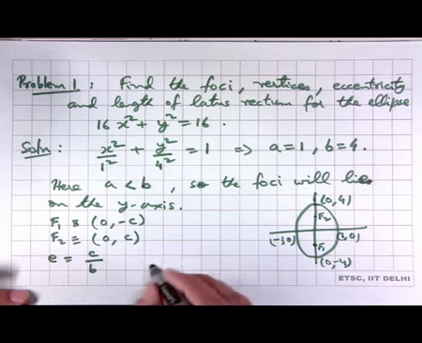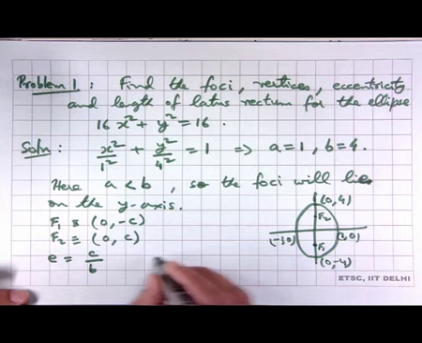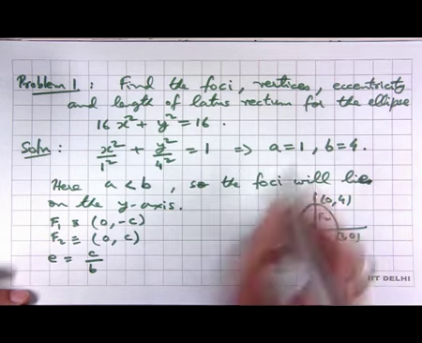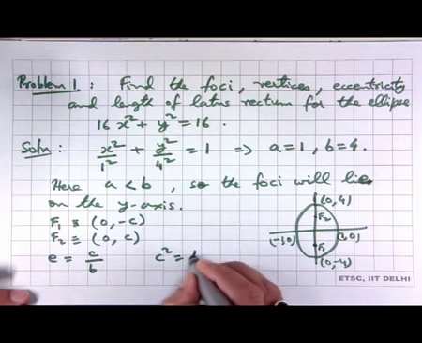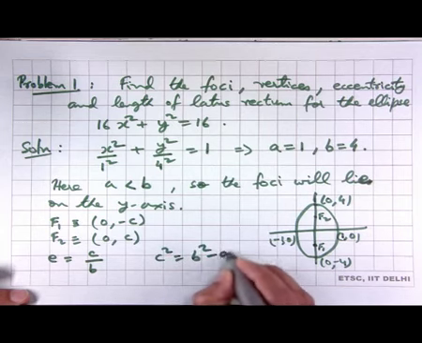And we have c² in this case equal to b² minus a².